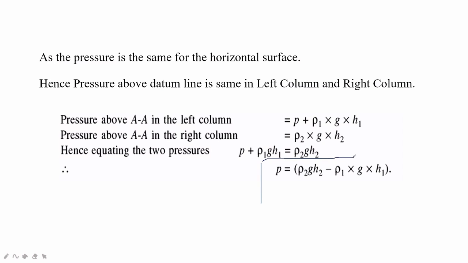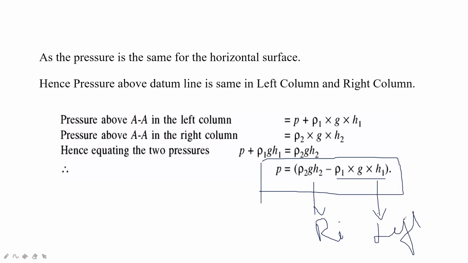P is equal to rho 2 G H2 minus rho 1 G H1, where rho 2 and H2 are the properties of the fluid in the right column, and rho 1 and H1 are the properties of the left column. This is for the liquid whose specific gravity is lower.